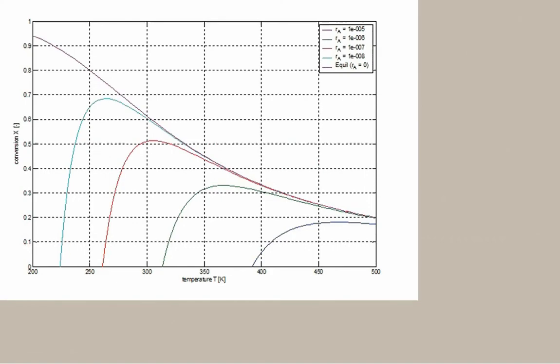Let's consider that for the batch reactor, it is possible to consider heating and cooling. So let's say we have a heating coil here. I'm just going to draw it here. So we can put in a heating coil, and we could put in a cooling jacket as well.